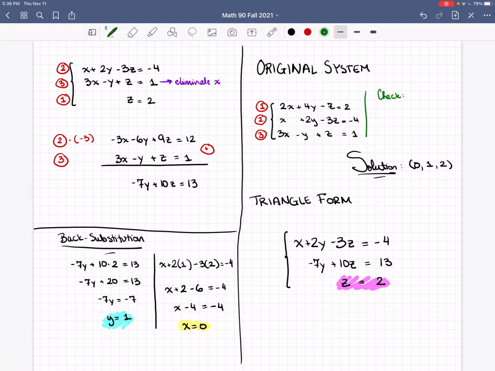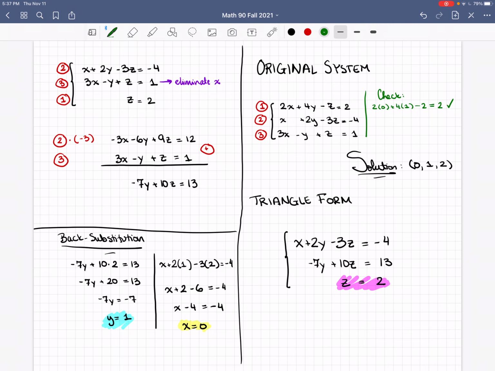First equation, 2 times 0 plus 4 times 1 minus 2. I'm hoping that's 2. And sure enough, 2 times 0 is 0, plus 4 is 4, minus 2 is 2. Check. Not enough, we can't stop here. We have to check all 3.